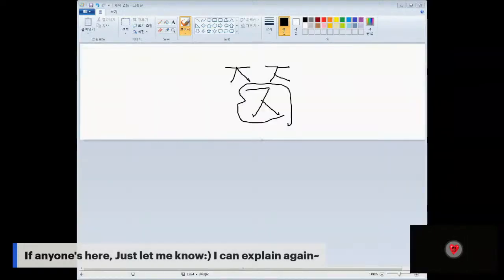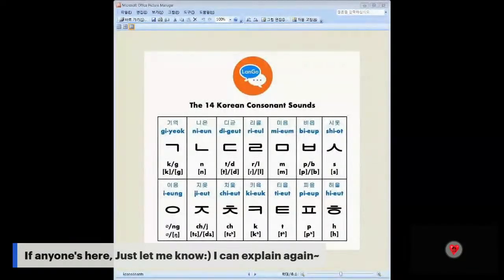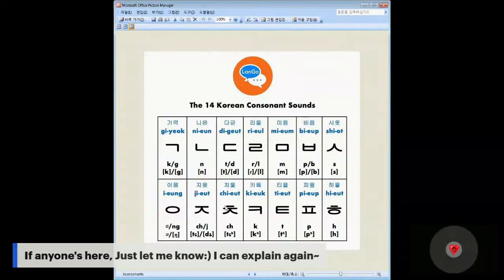And the next consonant is 치읓. The previous one, 지읒, is somewhere between 치 and 즈, but 치읓 is more like ch, 치읓.